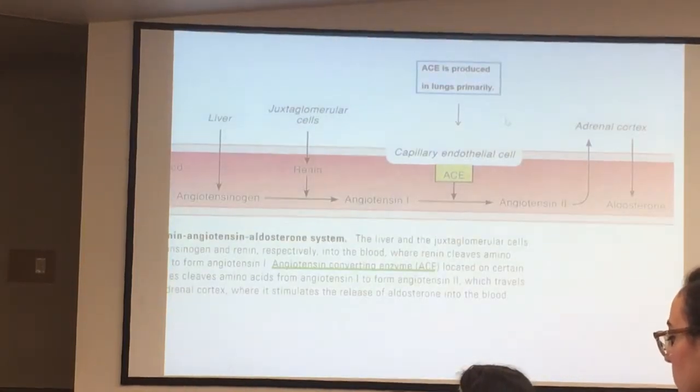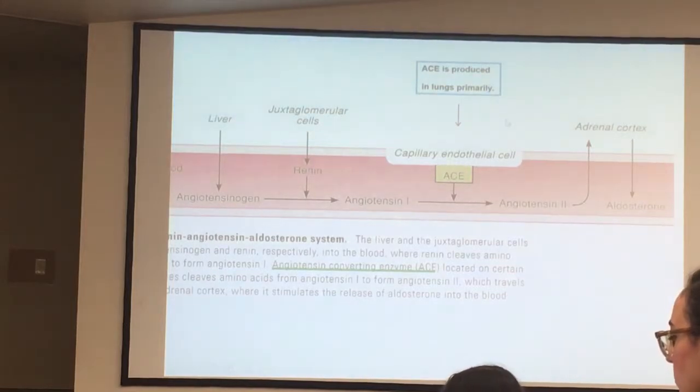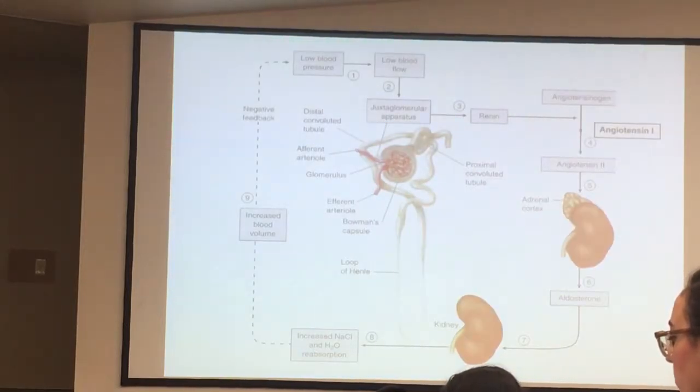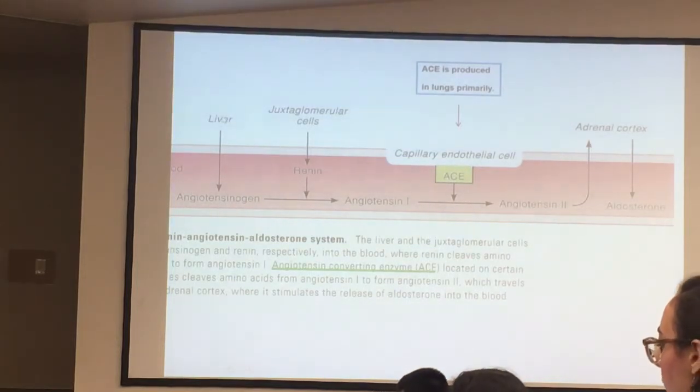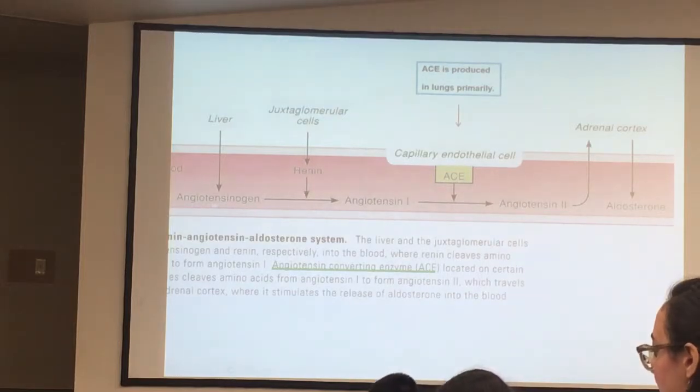Now, another thing I want to show in detail is angiotensinogen, angiotensin 1, angiotensin 2, and how they react. I copied this from the textbook. This blood capillary, starting from the liver. The liver is the first to produce angiotensinogen.